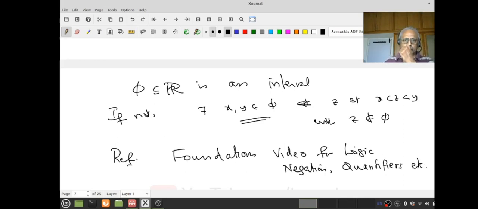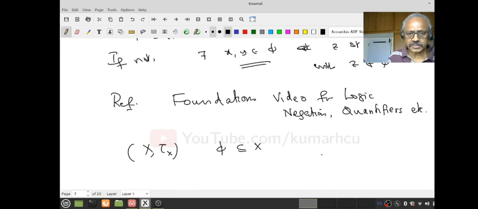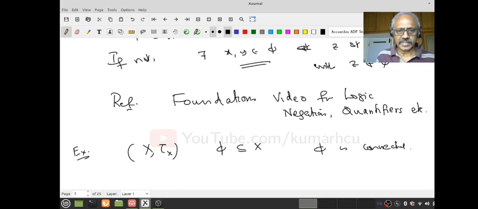So the empty set is always connected, and that's true for any space (X, tau). If I consider the empty set as this, then the empty set is connected. Why? Again, use similar logic with our definition of connectedness.